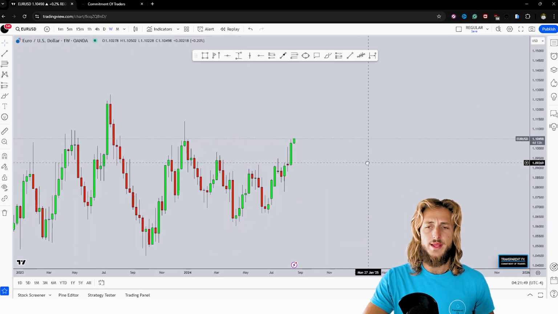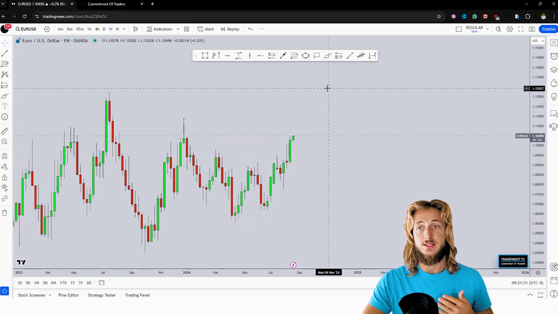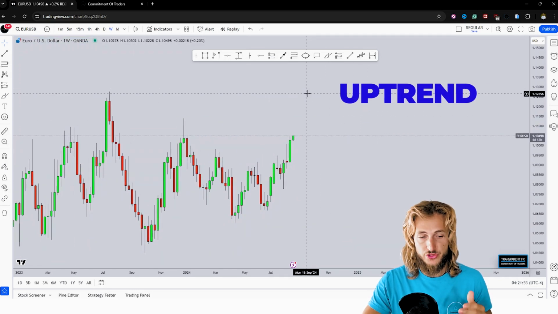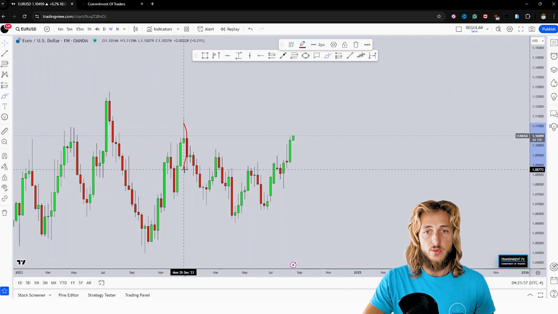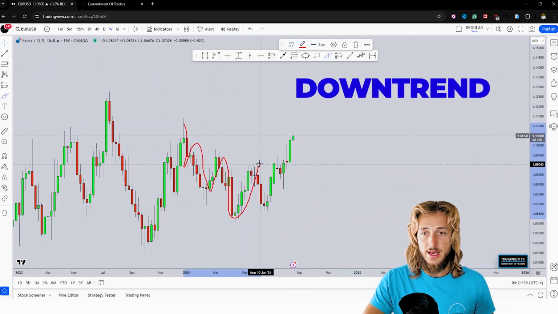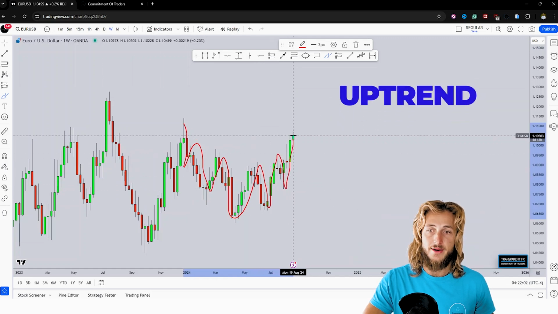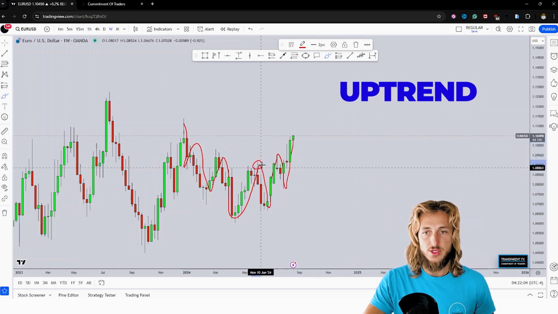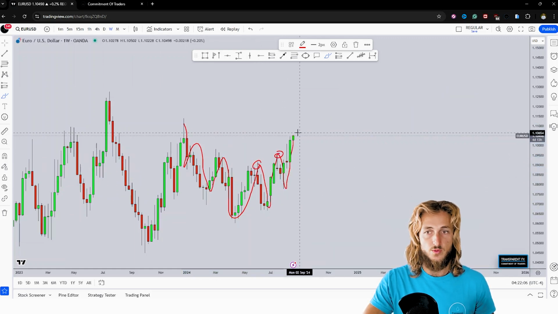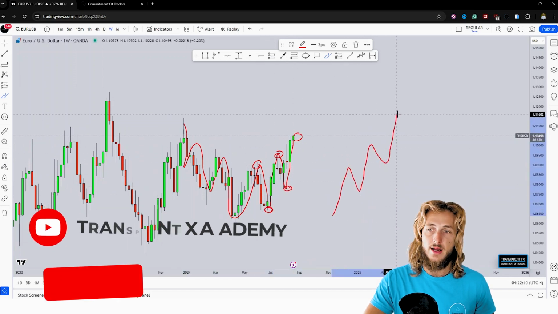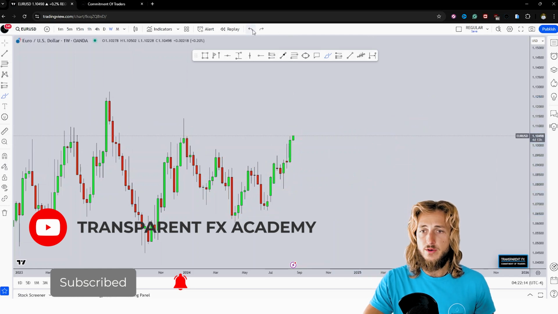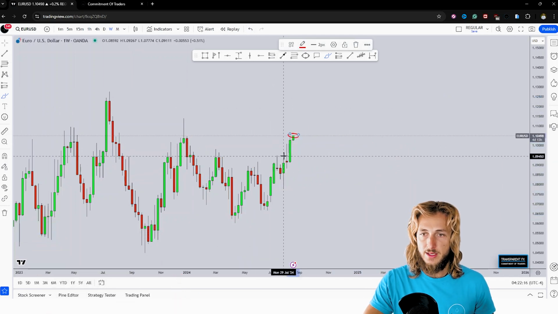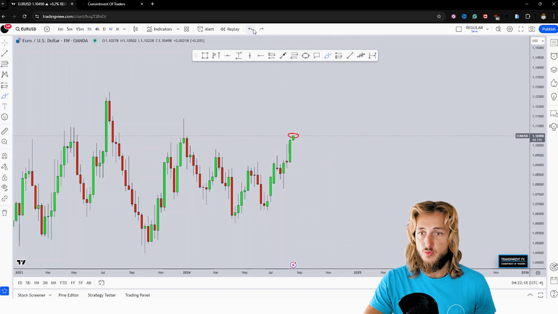Now, from a weekly standpoint, we can notice how the market has just established an uptrend here on the weekly time frame. In fact, we shifted now from creating lower lows and lower highs to now creating higher highs and higher lows, which by definition is what an uptrend is. An uptrend is a series of higher highs and higher lows, which is exactly what we're getting right now with the creation just now of a new high, so higher essentially than the previous one.